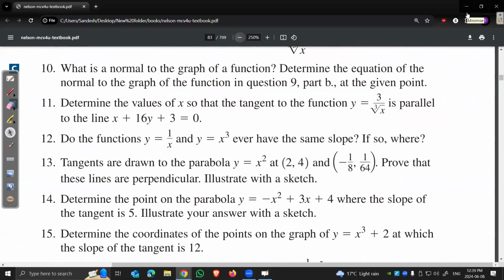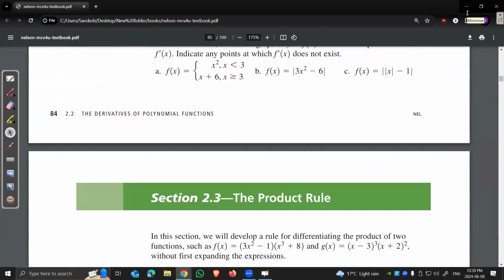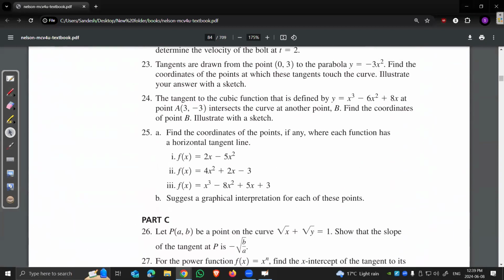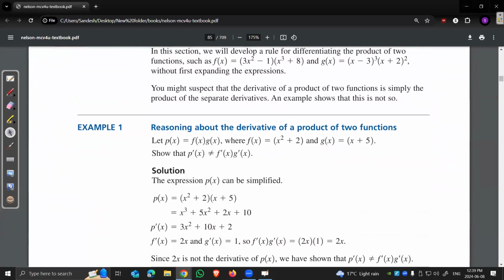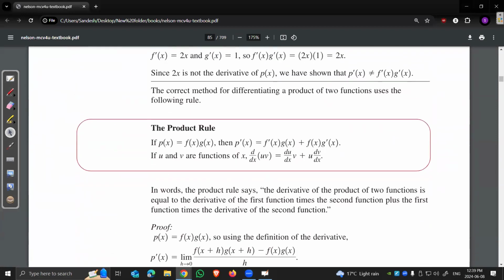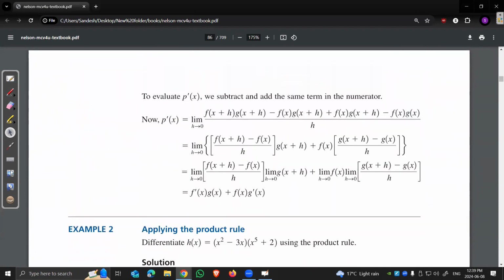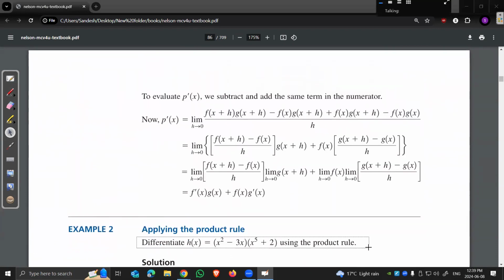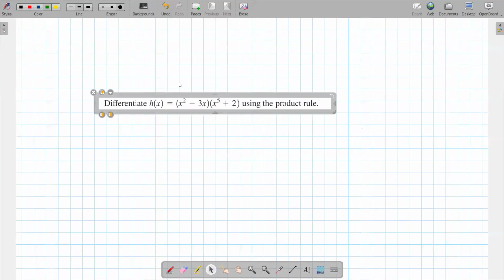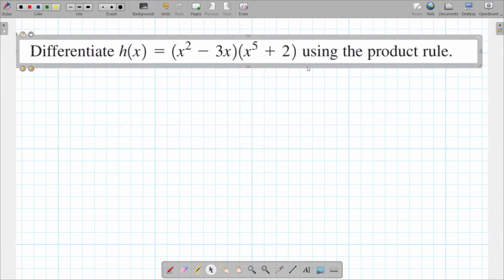All right, we're going to move away from this and we're going to talk about the product rule. This is also something that we have done in the past, but we're going to take this all the way to the end.